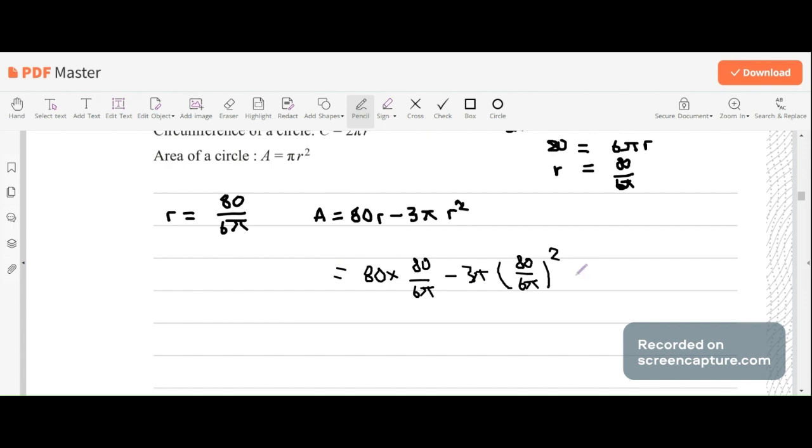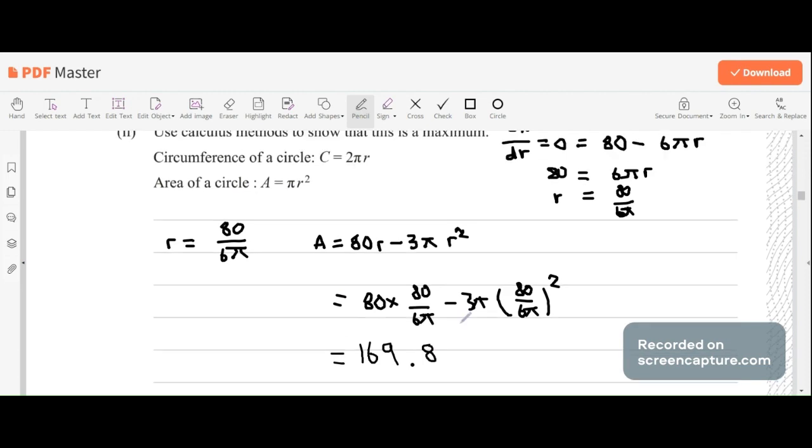So if we try this in our calculator, 80 times 80 divided by 6 pi, and then minus 3 pi times 80 divided by 6 pi, all squared, we're going to get 169.8.